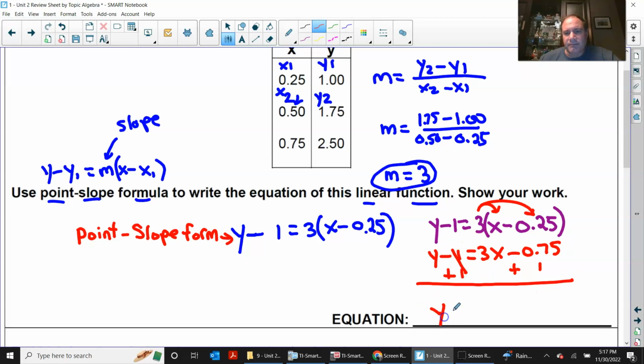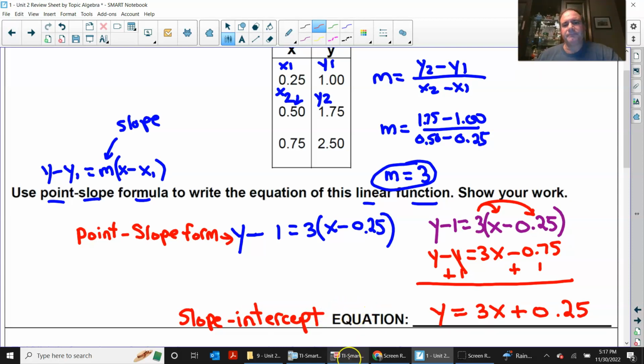And here is my equation: y equals 3x plus 0.25. That is my equation of the line in slope intercept form.